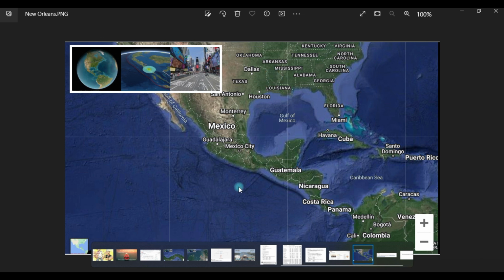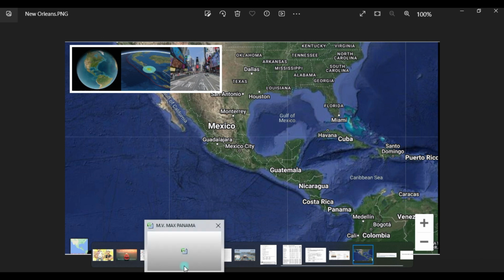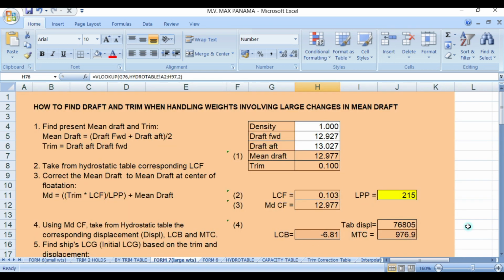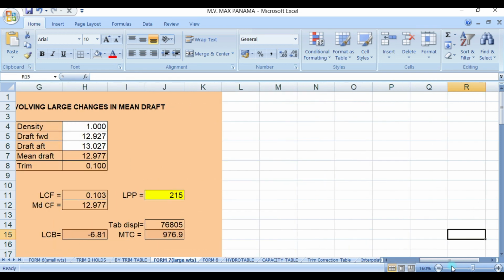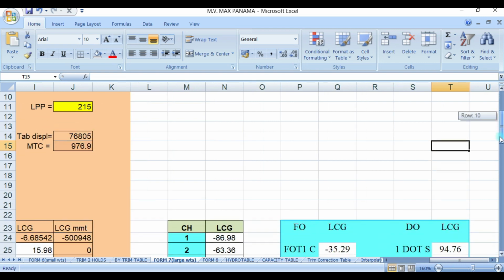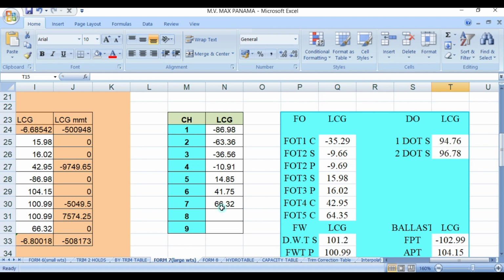Let's say our vessel is a 7 cargo hold vessel, so it is a Panamax.